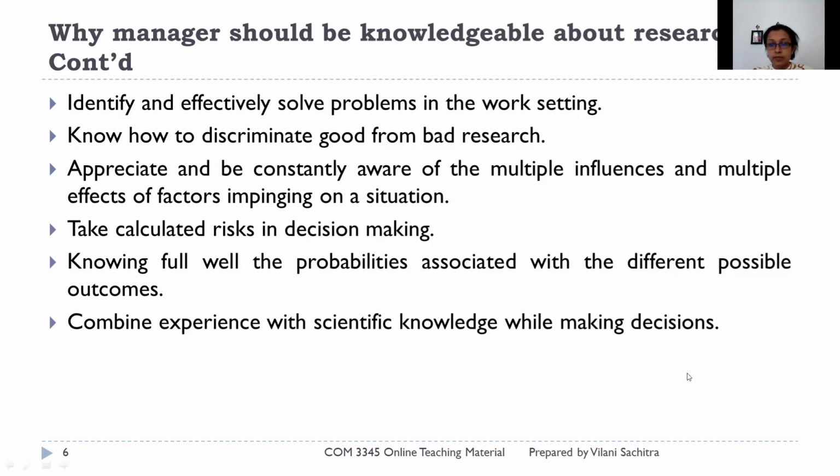Let's see the next one. Our fifth one: knowing full well the probabilities associated with the different possible outcomes. Now remember, once you are trying to solve the issues, they do not have a single solution. You might come across several solutions. Through those solutions, you find the optimal solution.